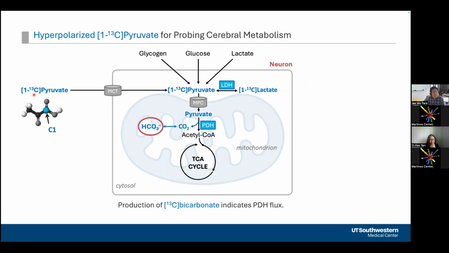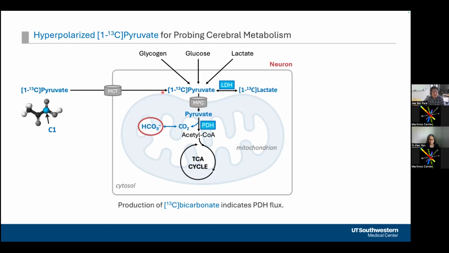So if we inject C1 labeled pyruvate, it is going to go through the monocarboxylate transporter, like lactate, and then it can be converted to C1 lactate, and it can also be further metabolized in the mitochondria. As I explained, the labeled carbon can be decarboxylated as carbon dioxide, which makes equilibrium with bicarbonate.